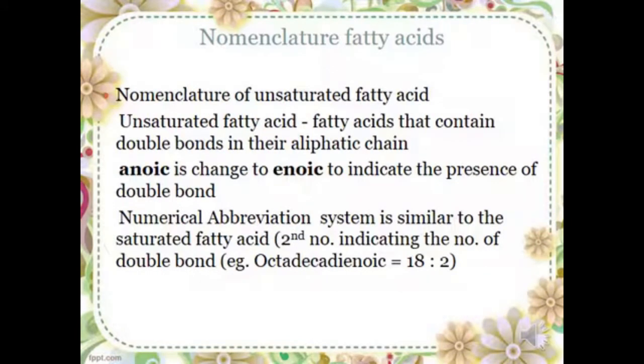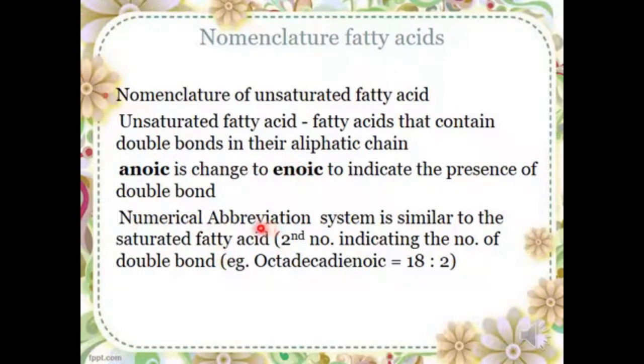Next, we will look at the nomenclature for unsaturated fatty acid, which means it has a double bond. Due to the presence of the double bond, the ending of the name changes from anoic to enoic.